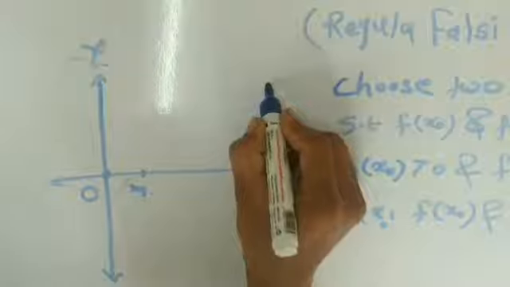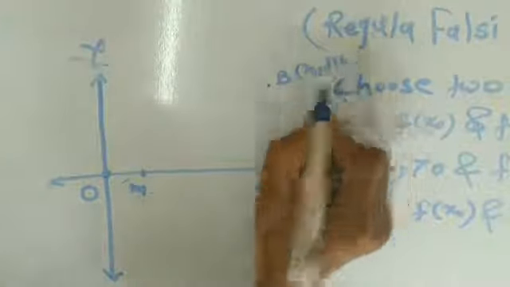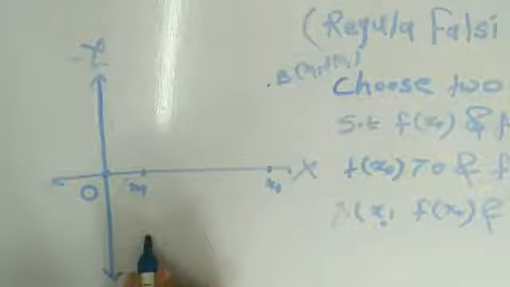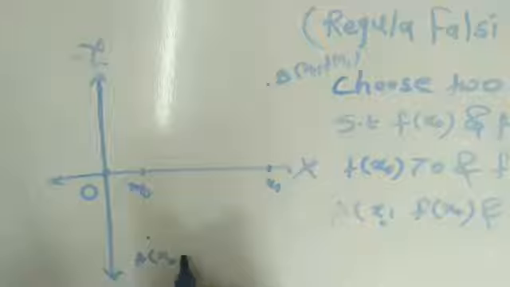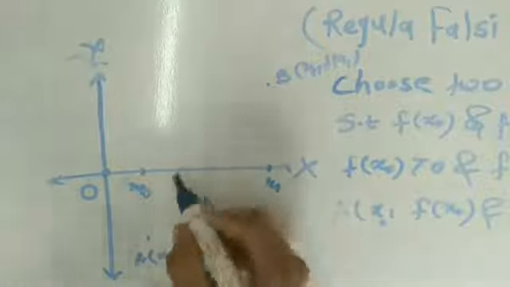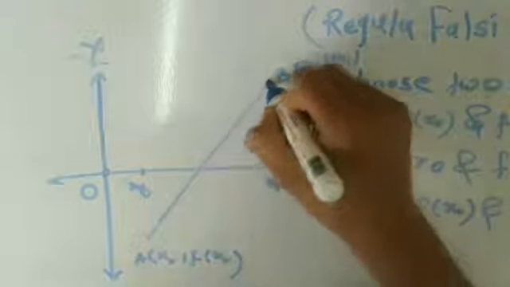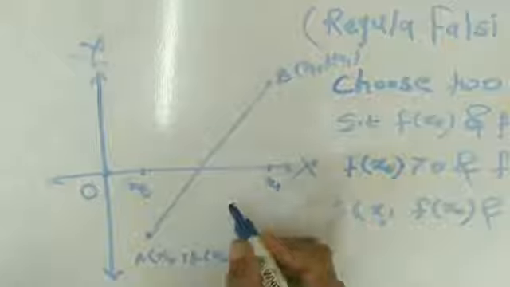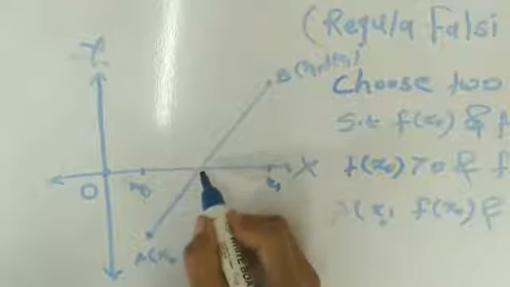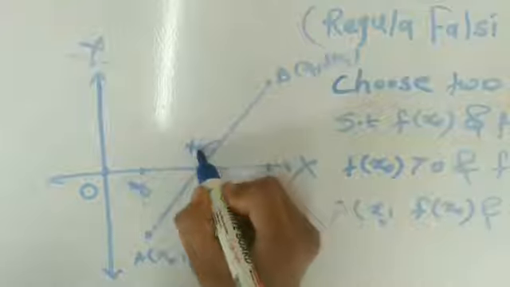Here we take B point x1, f of x1, and A point x0, f of x0, and we connect these 2 points by a straight line. Now we find the point where the line cuts the x-axis. Here we take this point as x2.